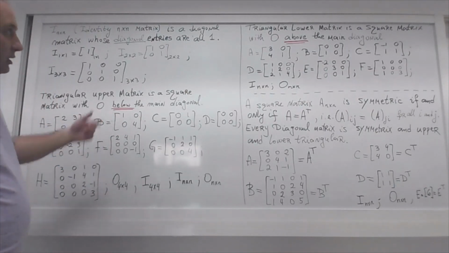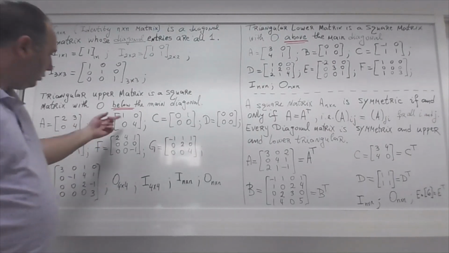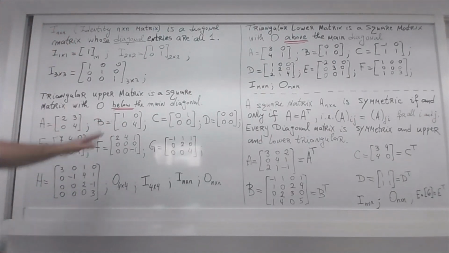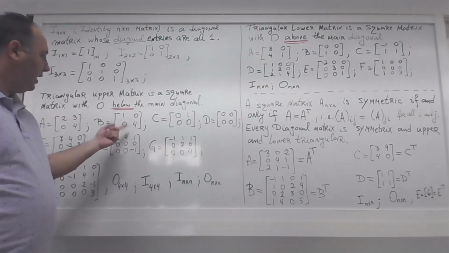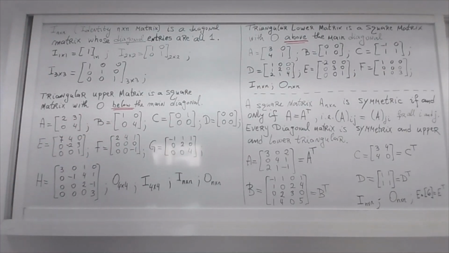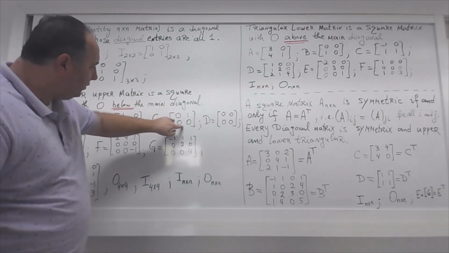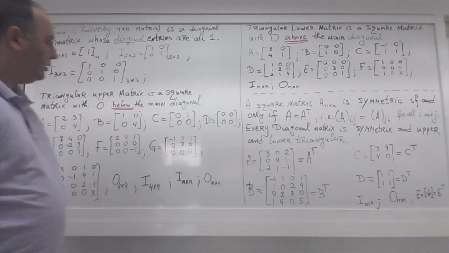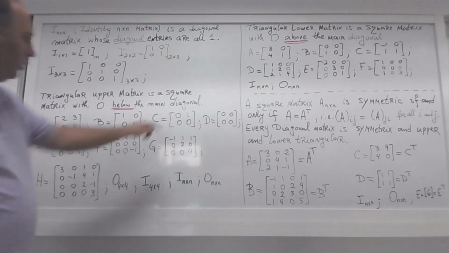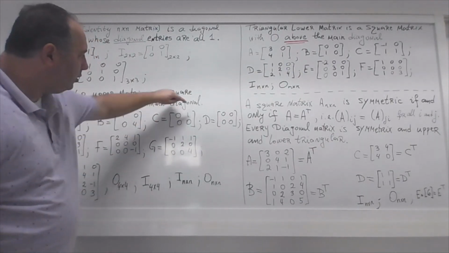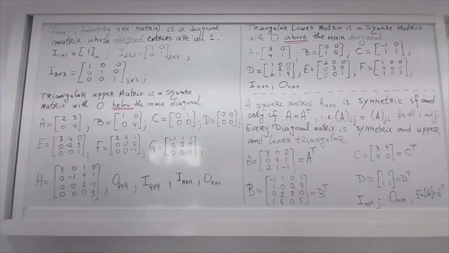And we will see the next definition for lower, this one will also be a lower. So one matrix can be classified in several categories. This one, again, 0 is below. As long as you have 0 below the main diagonal, this is upper triangular matrix. We don't care what the values on the diagonal are. We don't care what the values above are.